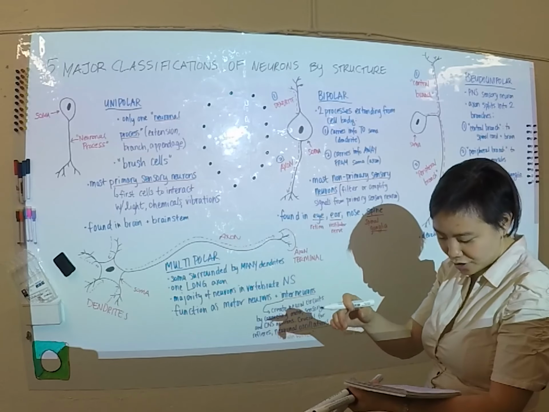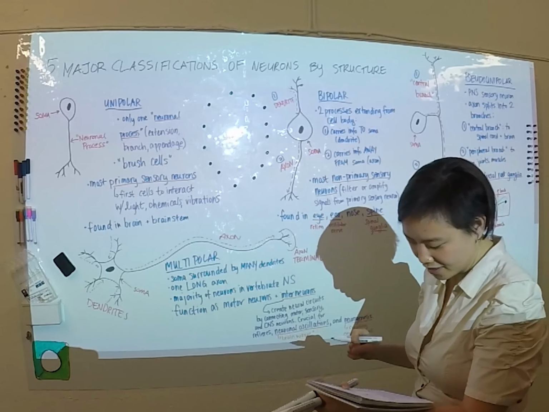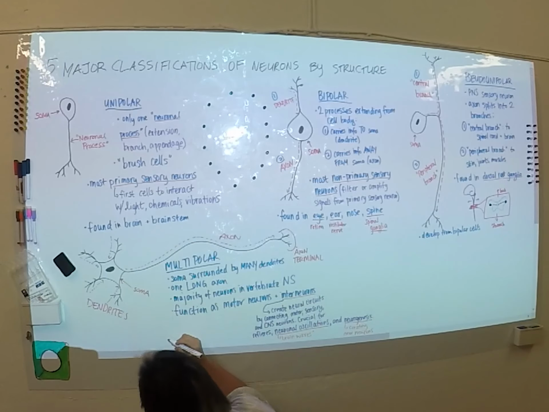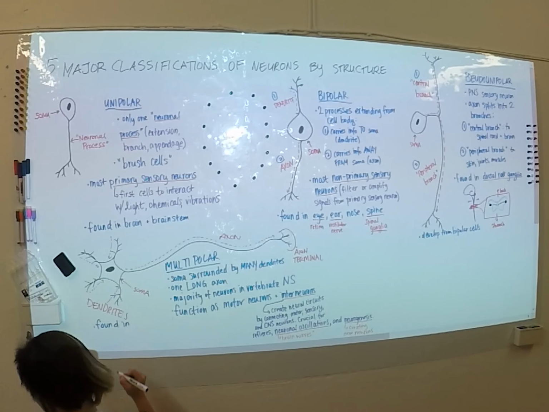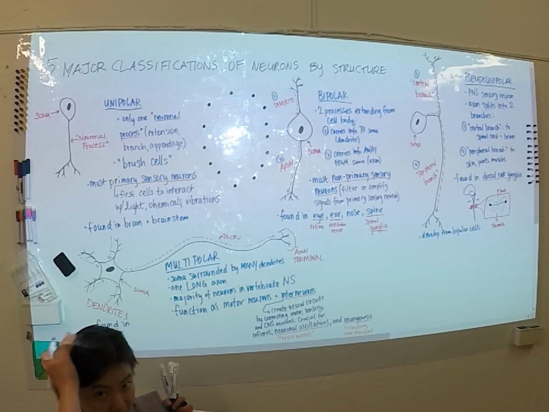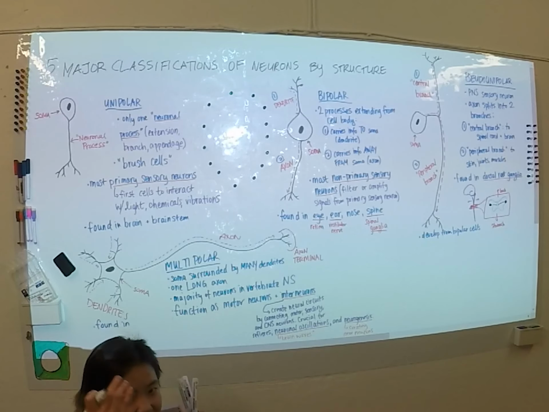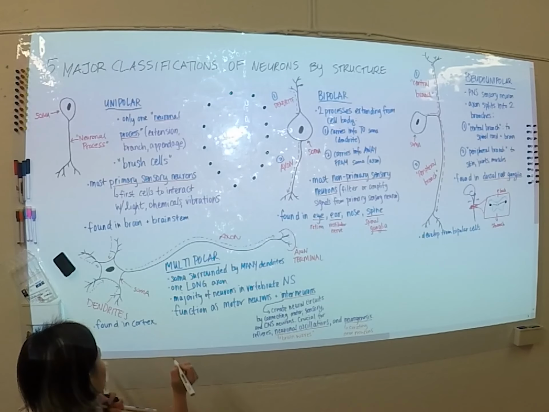Okay, so in humans, they are found in, write down over here. So they are found in the cortex of your brain. So that's the outer layer of your brain, found in cortex.